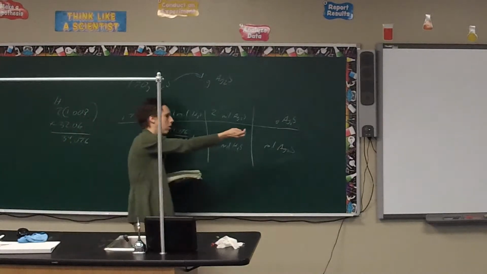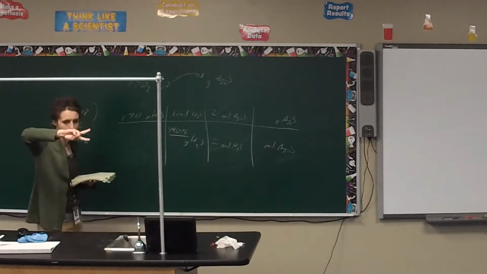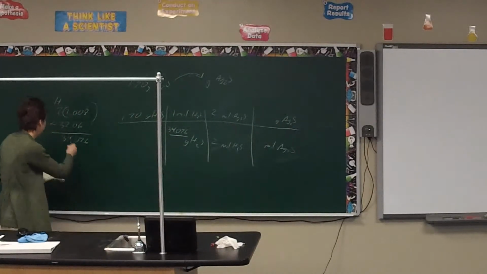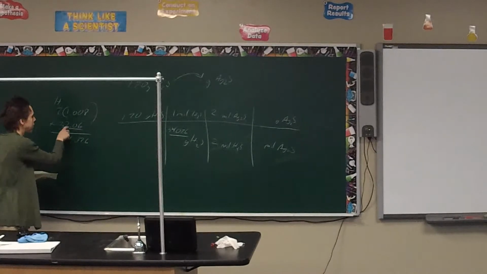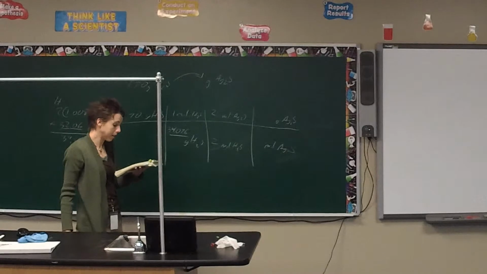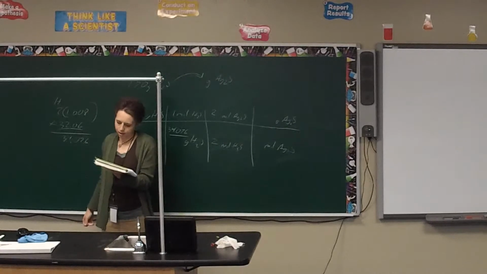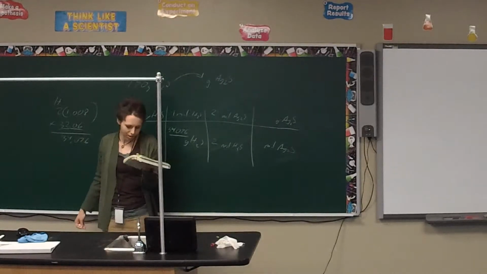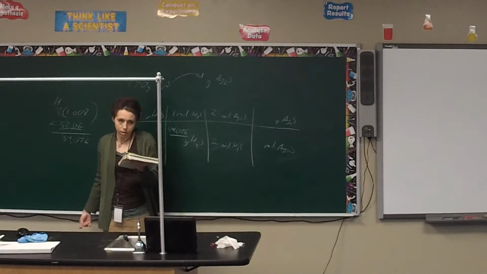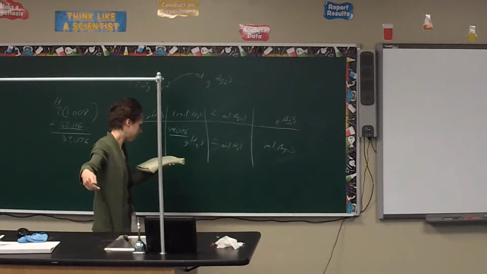Alright, so molar mass of silver sulfide. Silver, 2 of them, and then sulfur again. Sulfur still weighs 32.06. Silver is 107.9. Alright, Chris, did you already figure out the molar mass?